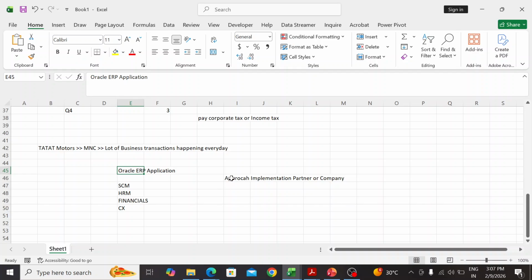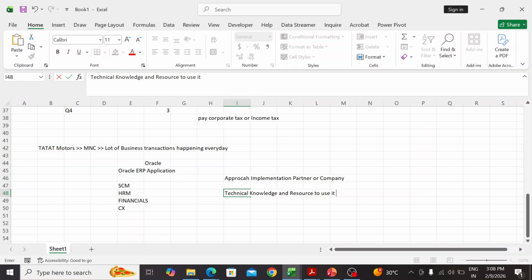They may have the capability of buying this ERP application from Oracle. They have money, they can buy it, but they don't have the technical knowledge as well as the resources to use it immediately. So what will they do?